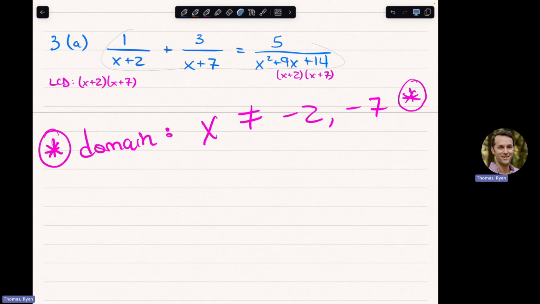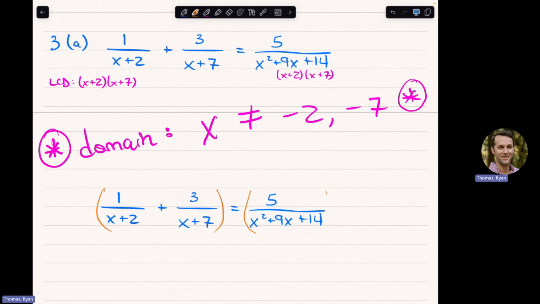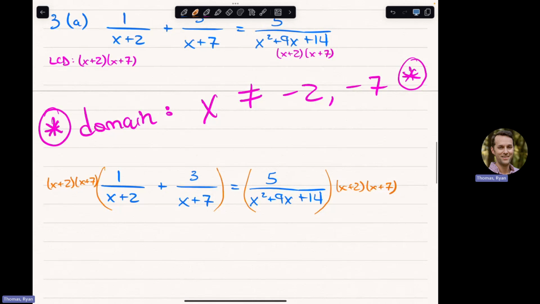All right. Now let's take our equation, multiply by the LCD. One thing at a time, right? That's going to get distributed across the two terms on the left-hand side.